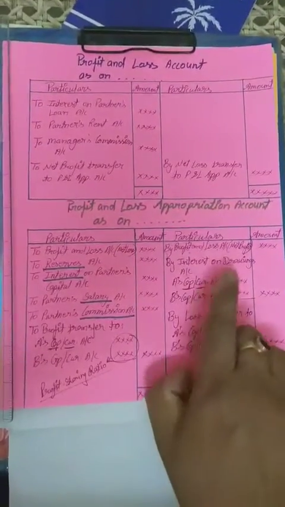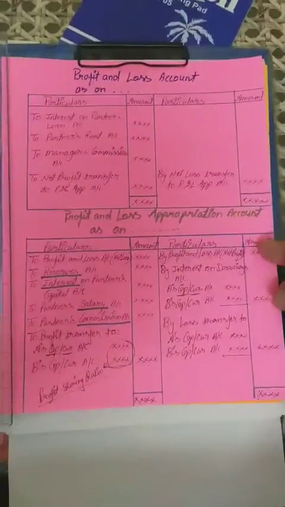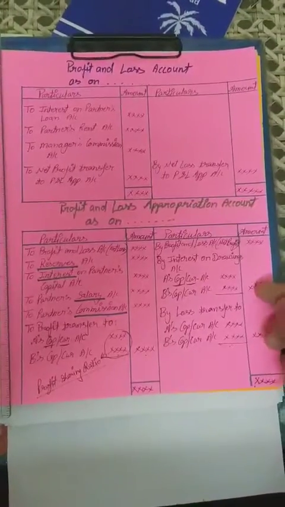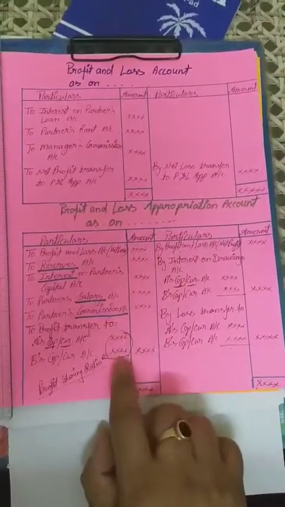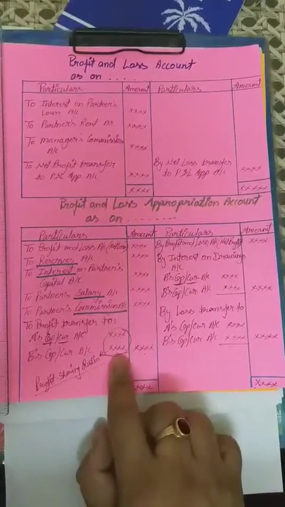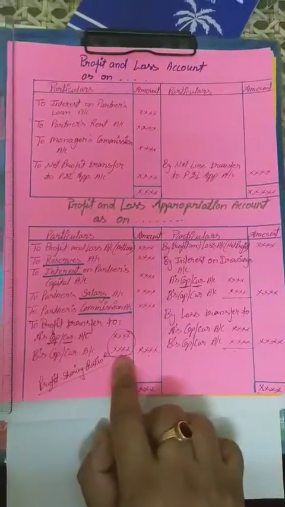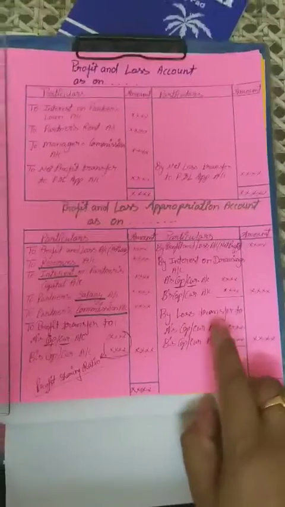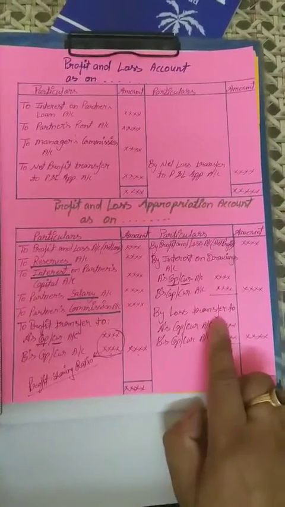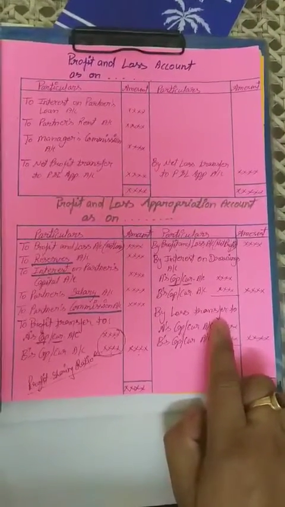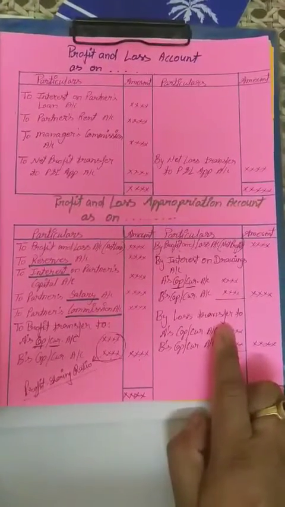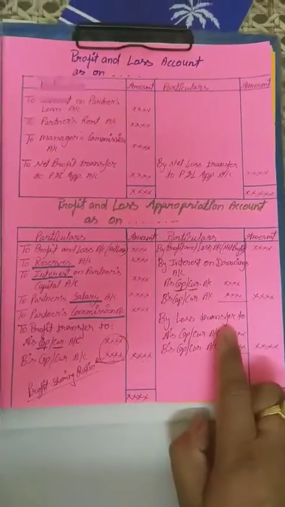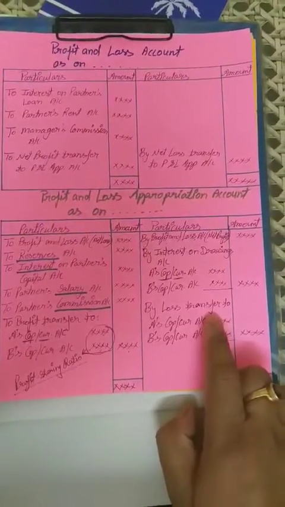Then we total this, and whatever balance is left on the debit side is shared among the partners according to their profit sharing ratio. Similarly, if the balance is on the credit side, that loss is also distributed among the partners according to their profit sharing ratio.